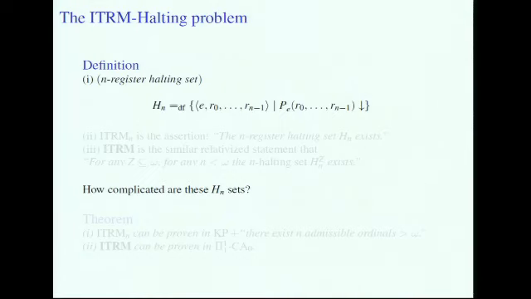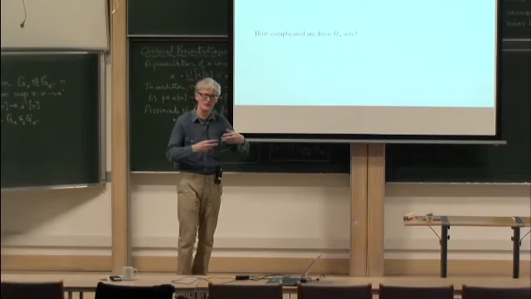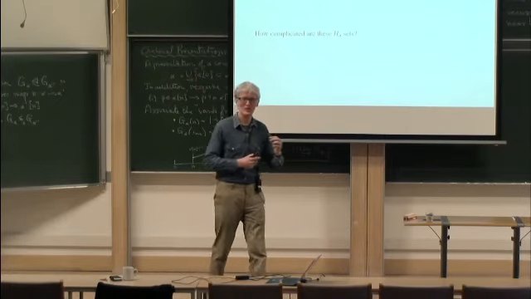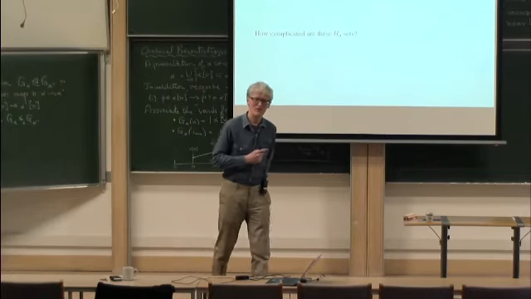Amusingly, what happens is for these register machines, once they're transfinite, the number of registers is important. And as the number of registers increases, the strength of the machine increases. So actually there's no universal ITRM, because of that fact.